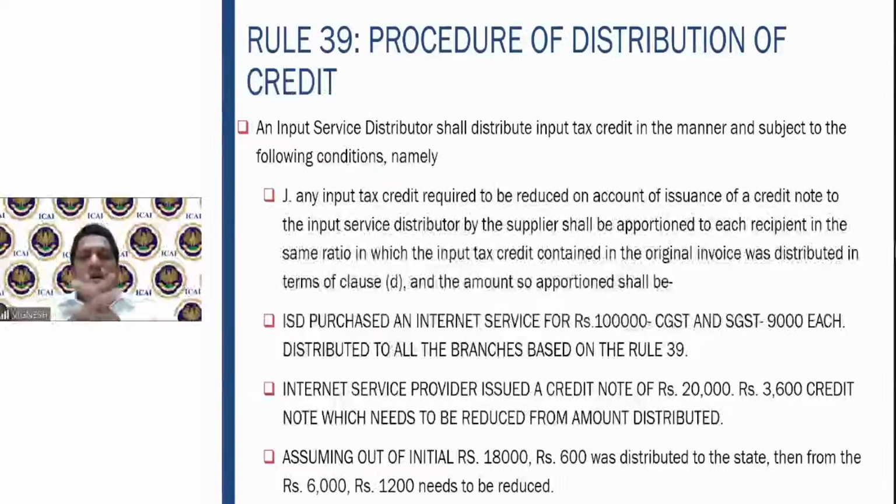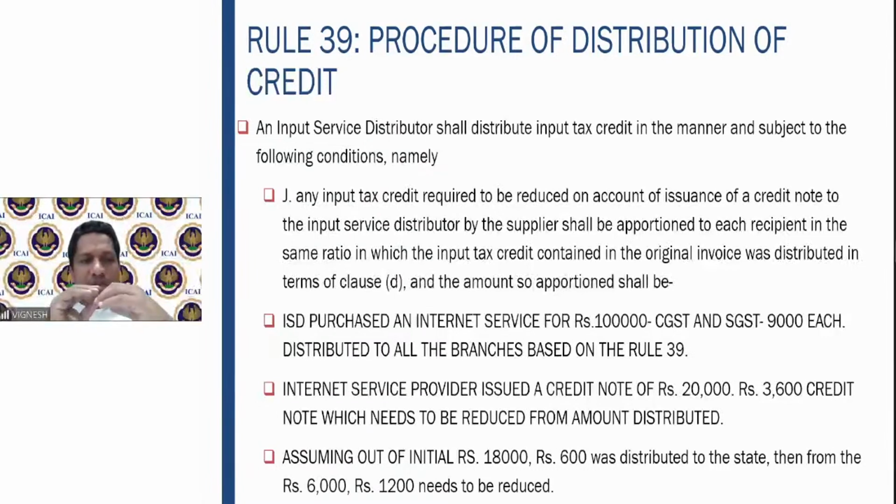Now, the credit note will be apportioned to the same value. When you distribute excess credit and issue the credit note to the respective recipient of credit, the credit note also gets apportioned in the same manner as the input tax credit was apportioned earlier. Let us take an example.